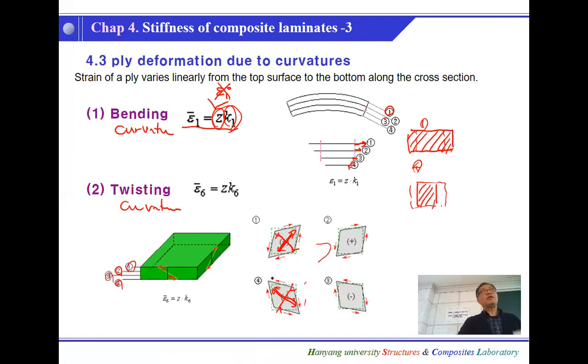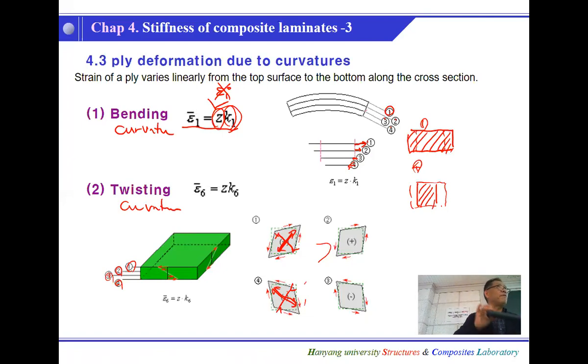And then you can see how those strains are varying through the thickness. Each ply, if you look at the inside, each one with this tension and compression is gradually changing from tension to compression and compression to tension.